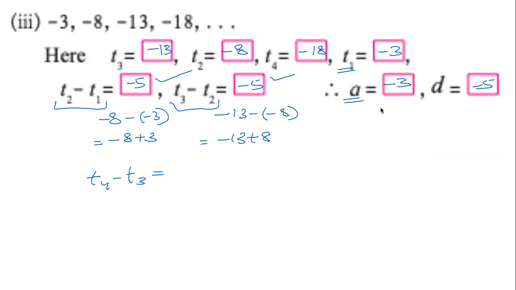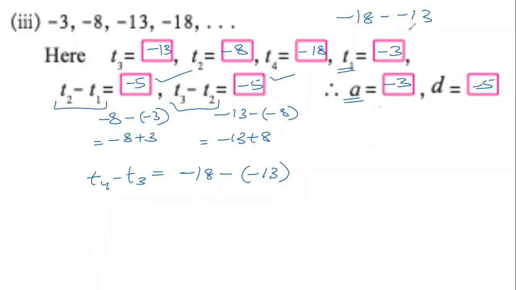Chand is very smart. He has anticipated my question and already answered. Yes, Chand, correct answer. So -18 is T4, minus T3 which is -13. We will not write it like this. Look at what will go wrong. If we write -18 -13, this is wrong.